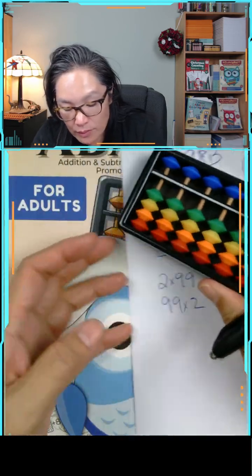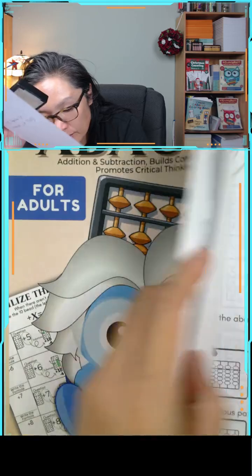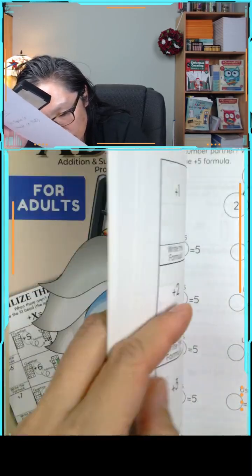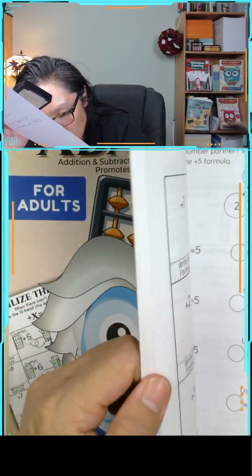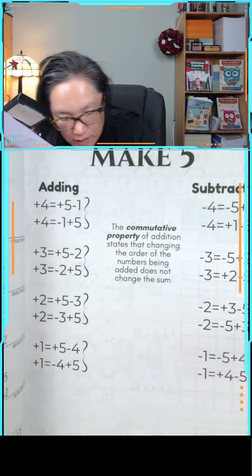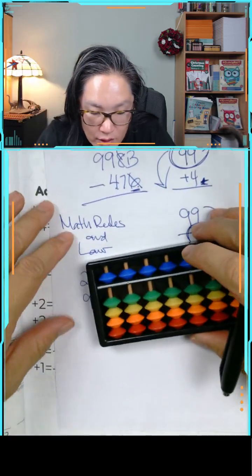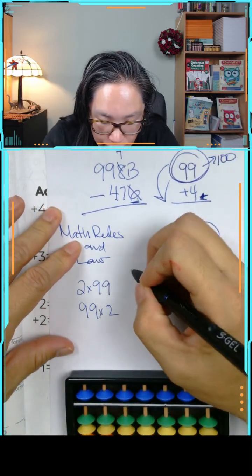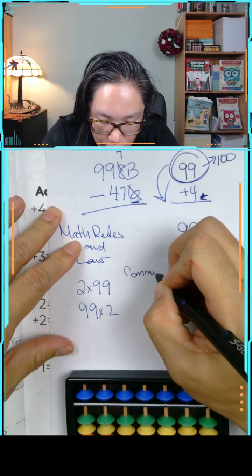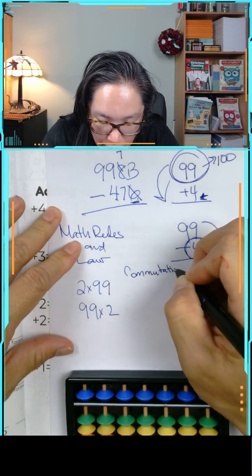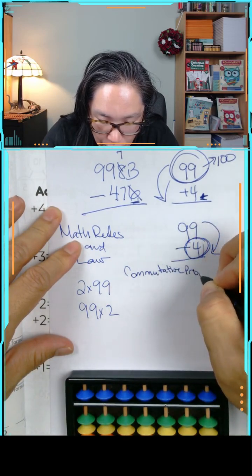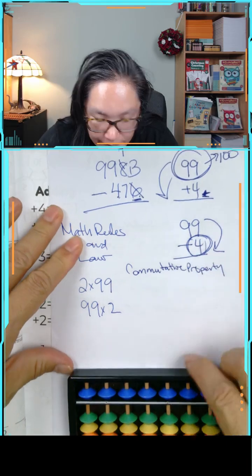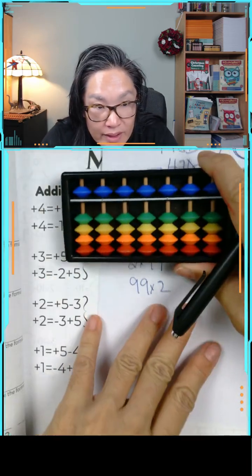I forgot the word. Commutative. That's what it is. Commutative property. Yeah. All right. Maybe even a division question.